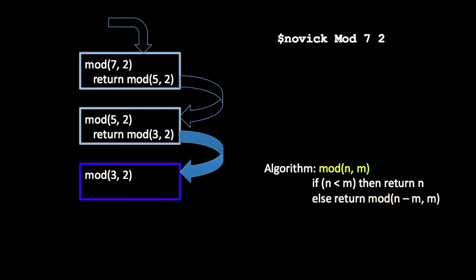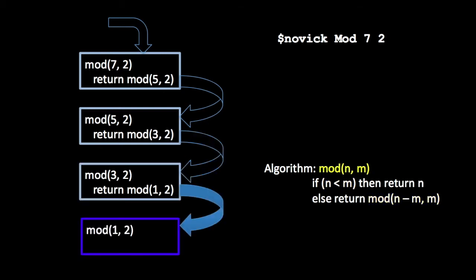And it calls the algorithm again, creating a new activation record. Again, it'll check to see if n is less than m. Well, it's not, so it's going to call mod of 1, 2 this time, and create a new activation record for mod of 1, 2.